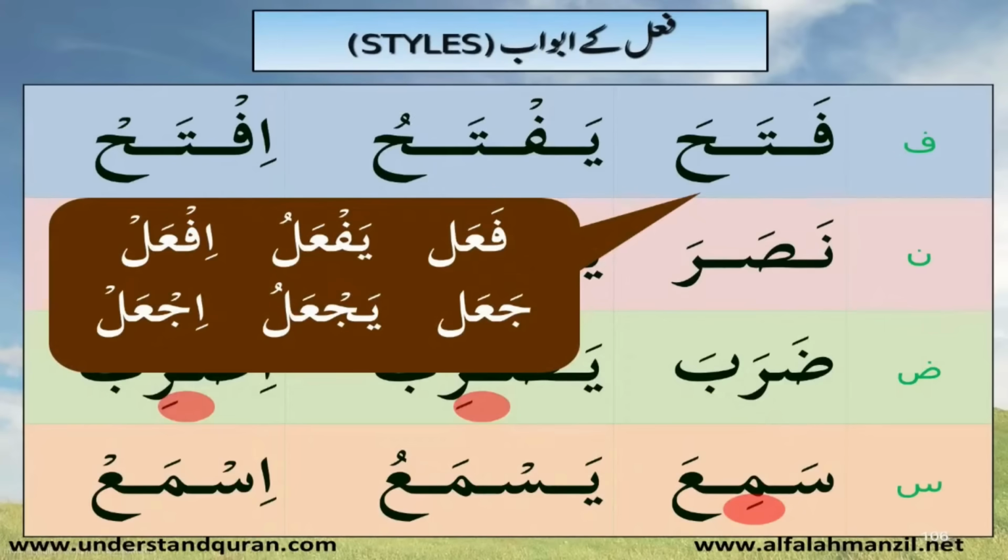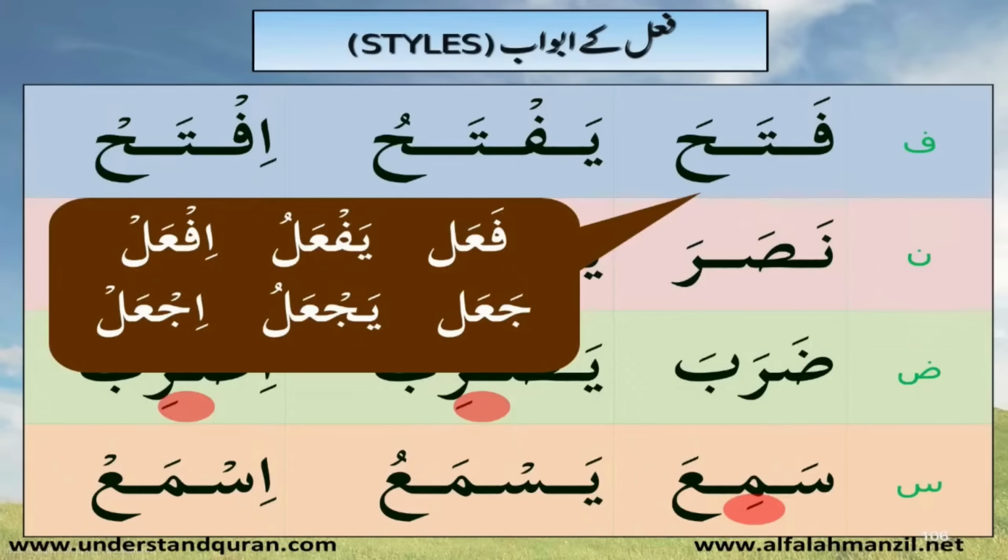This slide will not make sense to you at the moment, but I want you to understand it so that next time when we talk about it, you understand what that means. It says fail ke abwab. That's in Urdu. The meaning is the different departments or categories of fail.